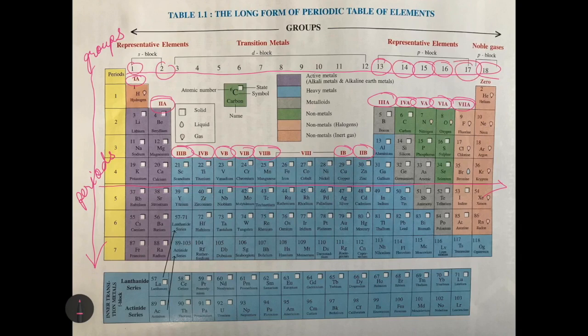They are known as the main group elements or the representative elements, or the normal elements. These elements have their outermost shells incomplete.